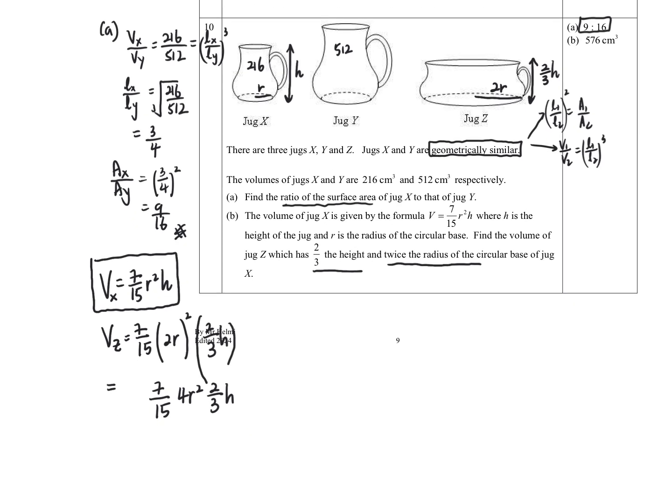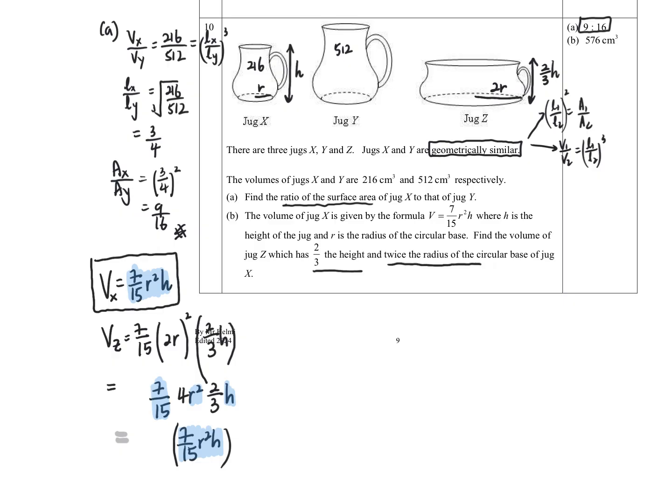So I just don't touch this 7/15, this R square, this H, because I want to maintain this there, so I will keep my 7/15 R square H on one side. Because I want to compare it with Vx later.